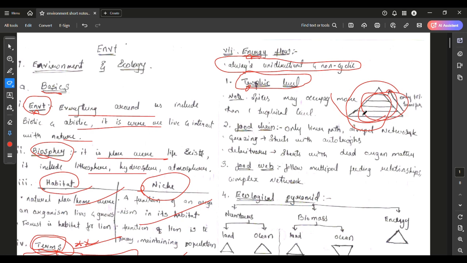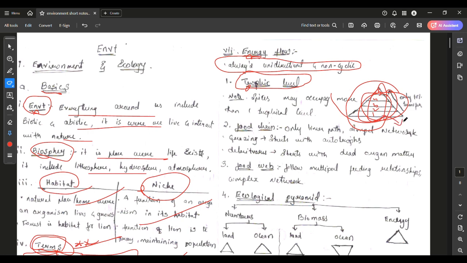Each level consists of organisms that share the same role in the food chain. You can also say that there are mainly 5 trophic levels, 1, 2, 3, 4 and 5, and elaborate these points.